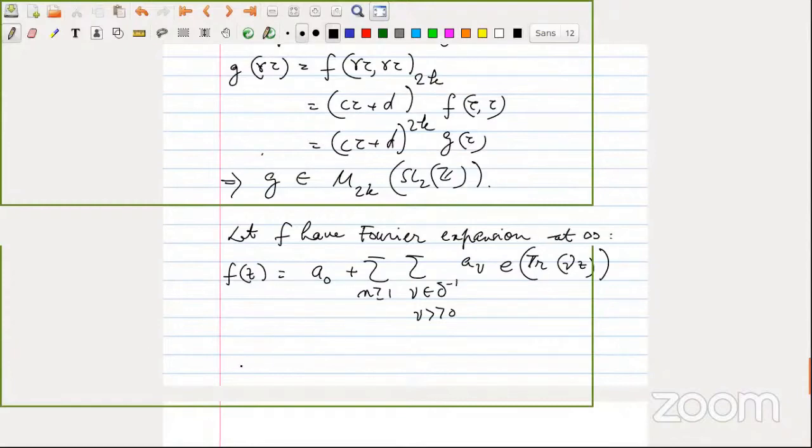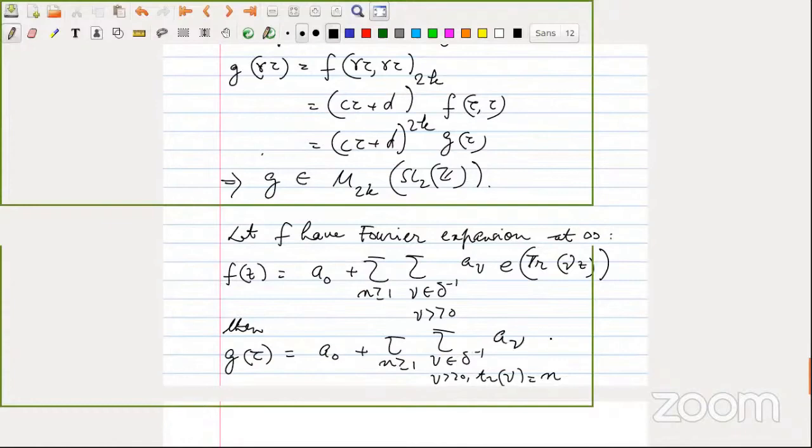Then my g(τ) again looks like the same number here, a0 plus n bigger than or equal to 1, and then I will have all these indices appearing, ν in δ inverse, strictly positive, and the trace of ν equals n, and then a_ν times e to the power of nτ. Okay, so this is the Fourier expansion for g when I have the Fourier expansion for f.